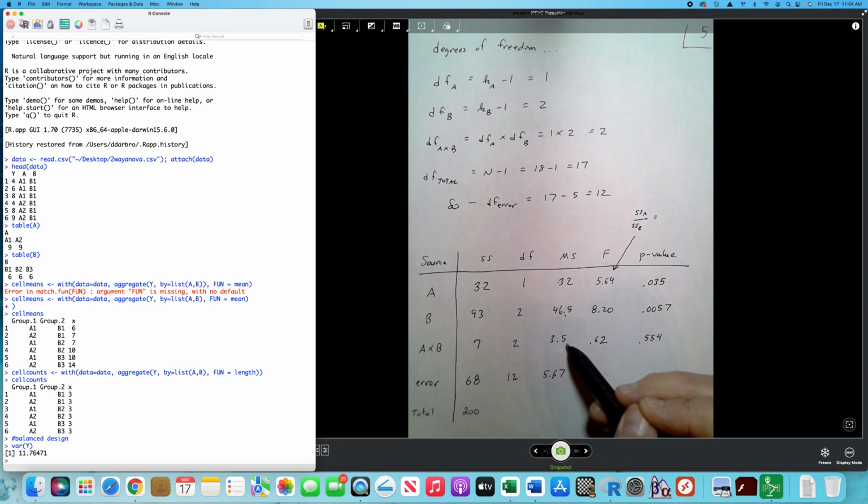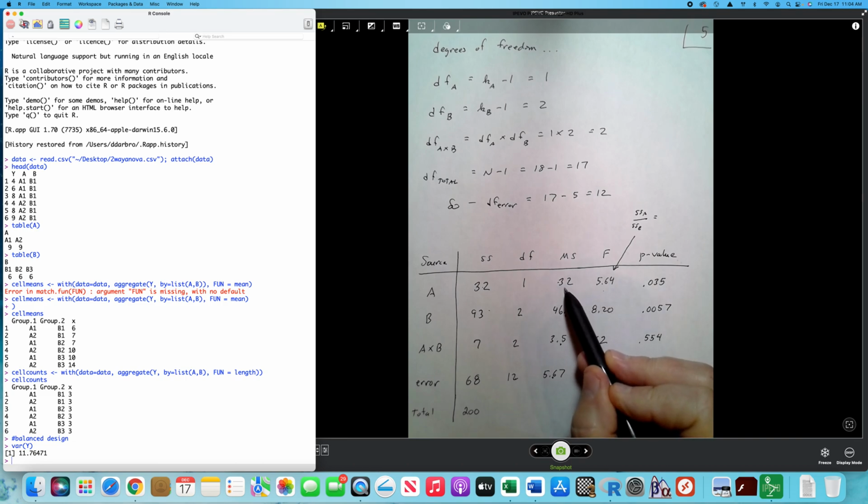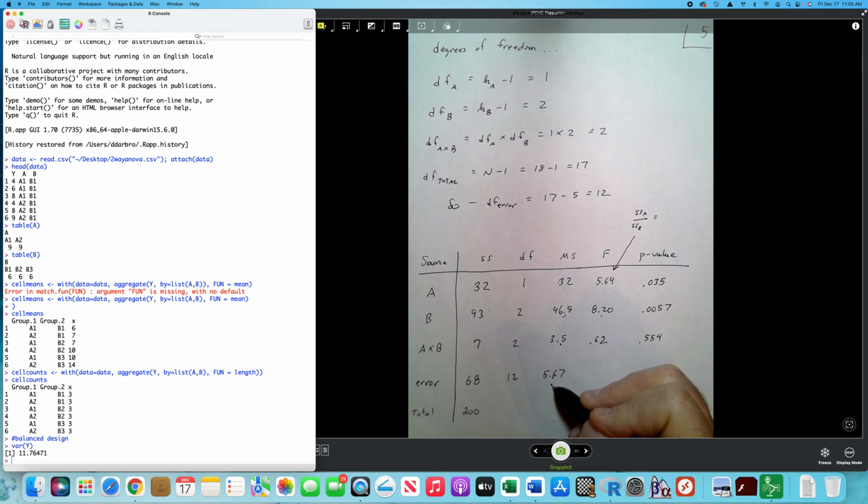The 0.62 comes from the mean square. I think I misstated. I think I said sum of squares. The 5.64 should come from the mean square of the factor A divided by the mean square error. The 8.2 is the mean square for B divided by the mean square error. The 0.62 is the mean square for the interaction divided by the mean square error. So we always divide by this term to get the F statistic.